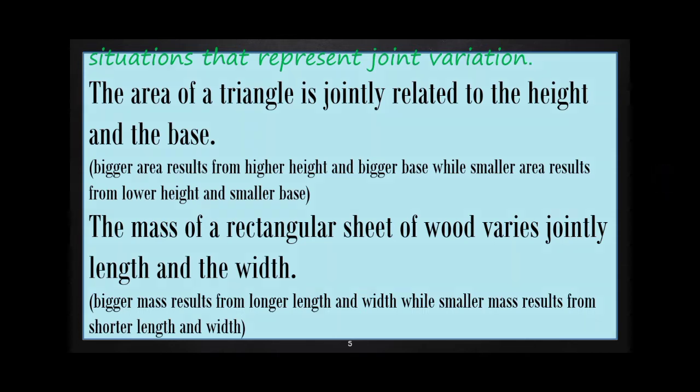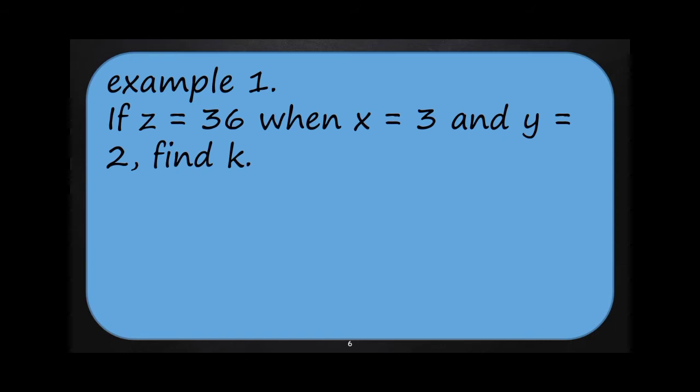Okay, so let us have some problems that involve joint variation. Number one: if z is equal to 36 when x is 3 and y is equal to 2, find k. So we are going to use the formula y is equal to kxz. So ano na nga ulit ang k?